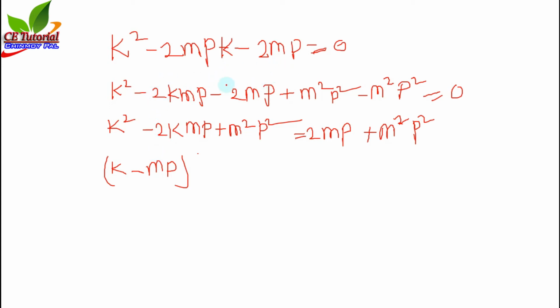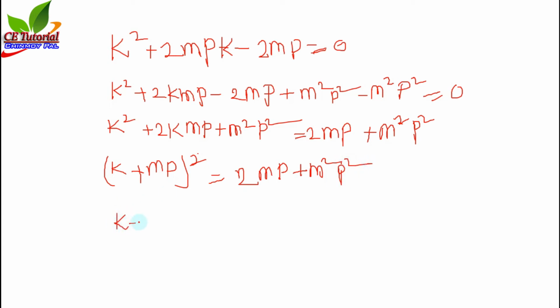Okay, I think I have a mistake. This is actually K square plus 2MP K. Okay, so K plus MP whole square equals 2MP plus M square P square.